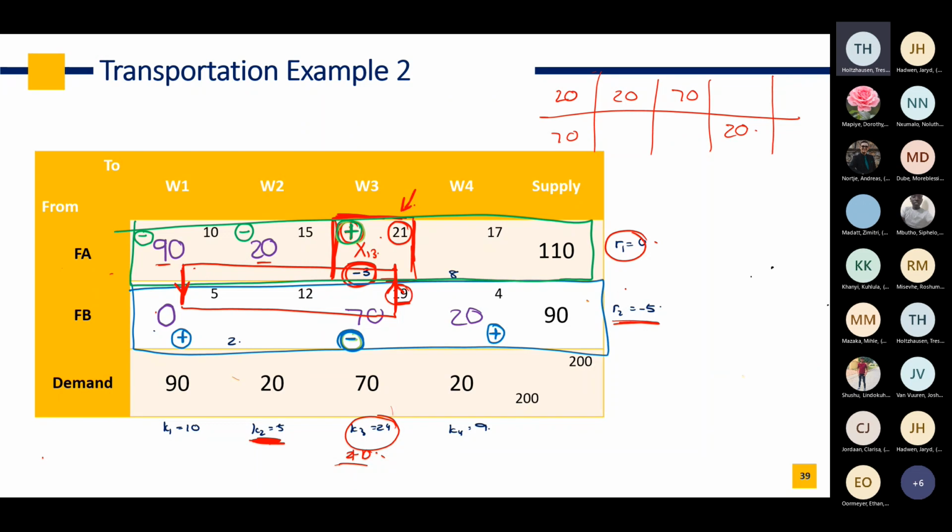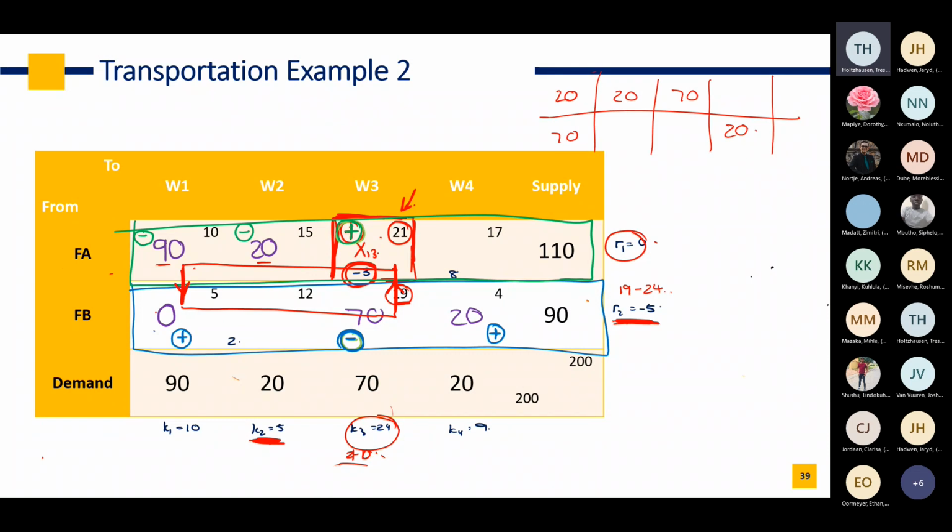So we have 21, wrong way around, 19 minus 21. Did I do this correctly? Is my math correct? 24. Wow, I can't read my own handwriting. 19 minus 24, and that's going to give us our R2 is equal to -5. So just be very, very careful.